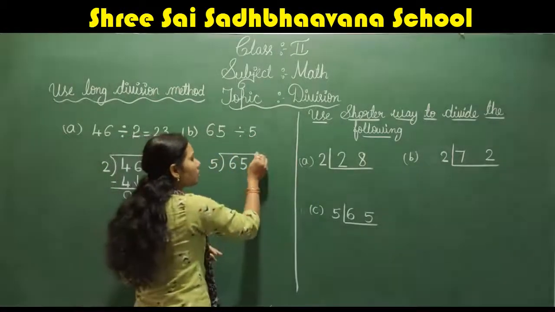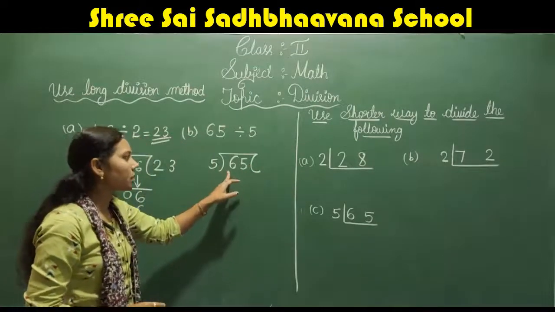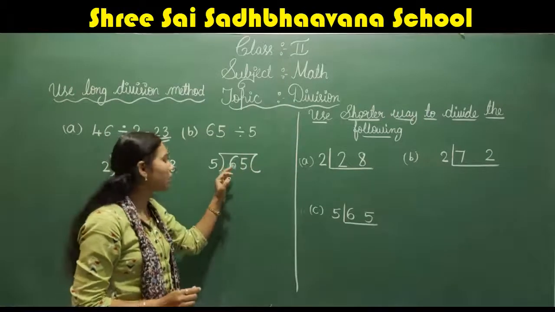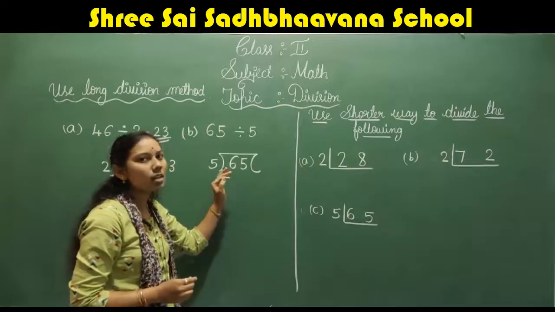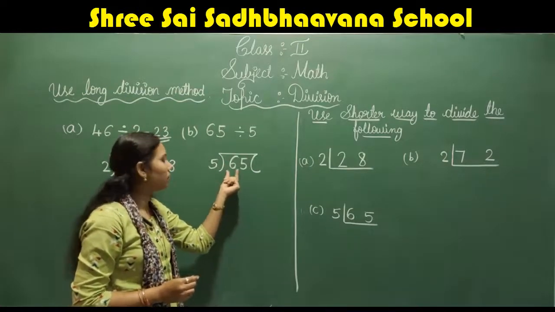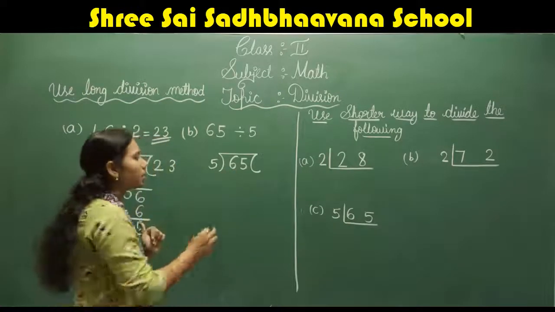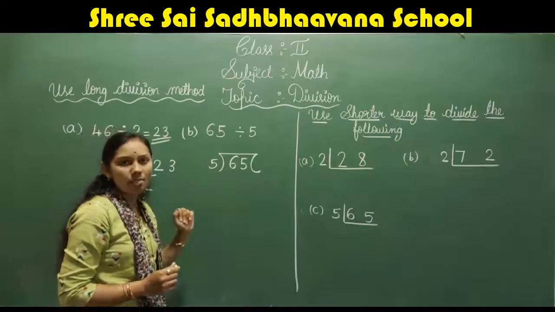Right children? Let us divide now. As I told you, 6 tens plus 5 ones are here. We have to take the number in the tens place first, which is 6. First let us divide the number 6 by the divisor 5.